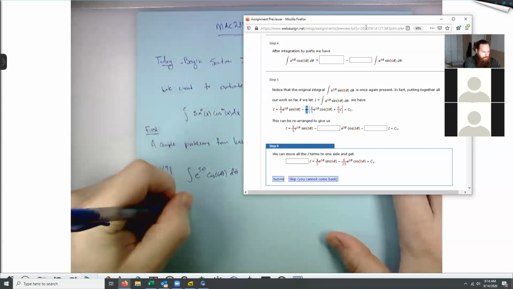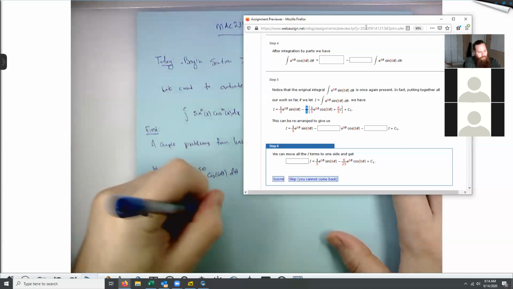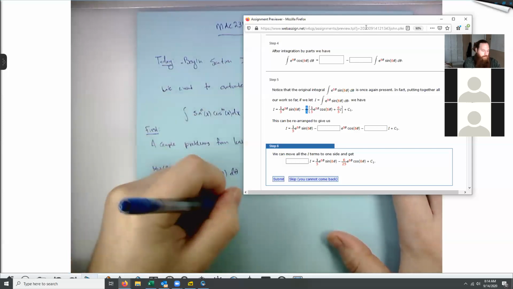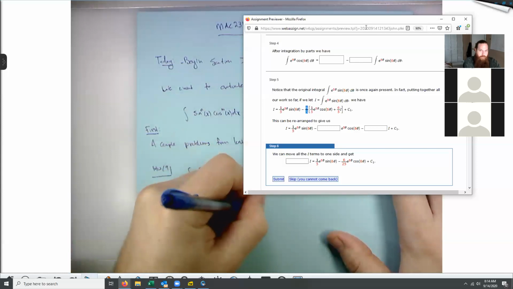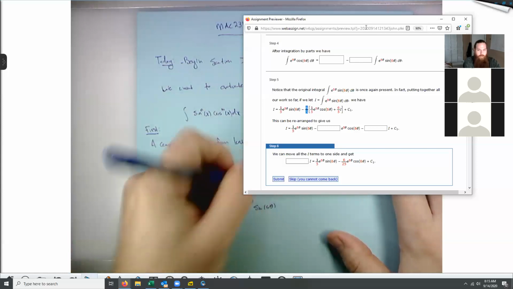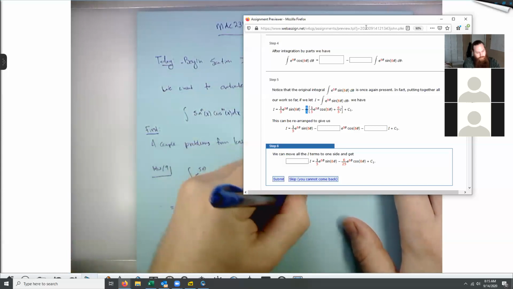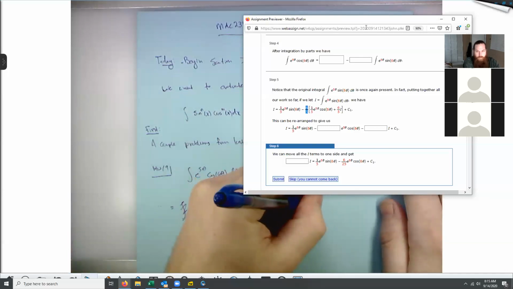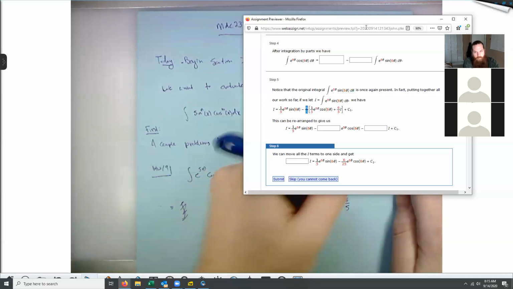We get to some place where my integral I is equal to 1/5 e to the 5 theta sine 6 theta minus 6/5 times 1/5 e to the 5 theta cos 6 theta plus 6/5 times my integral.